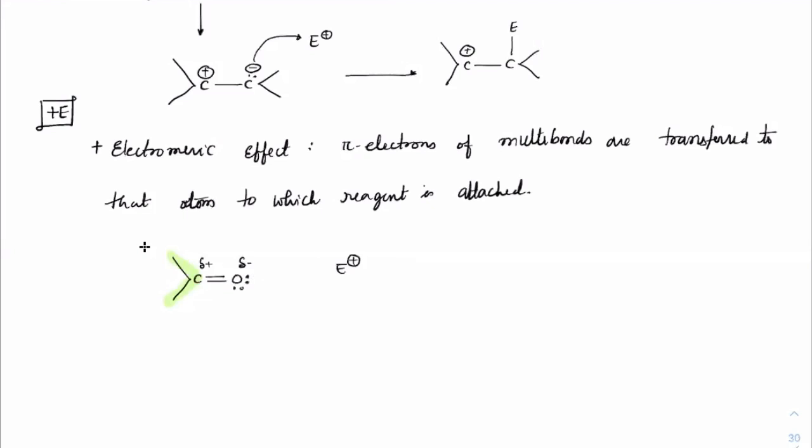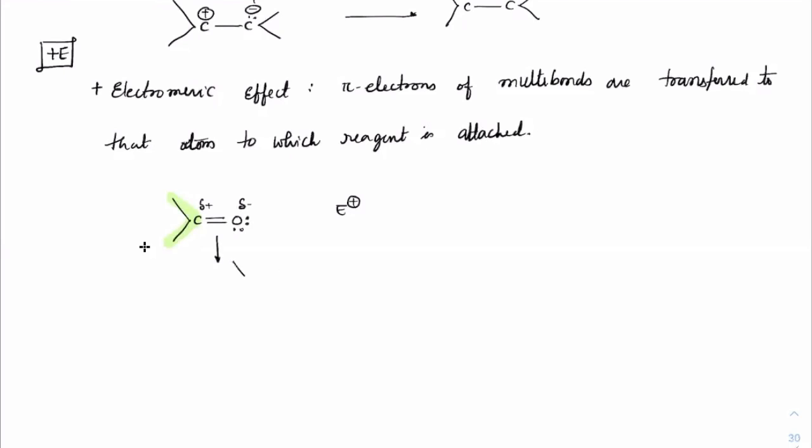But before doing that, temporarily this carbon will get a positive charge and oxygen will get a negative charge, and the electrophile will be approached by this lone pair, giving carbon positive charge with oxygen and electrophile bonded like this. Now the electronic distribution is away from the main chain, correct? So we call it a minus E effect.